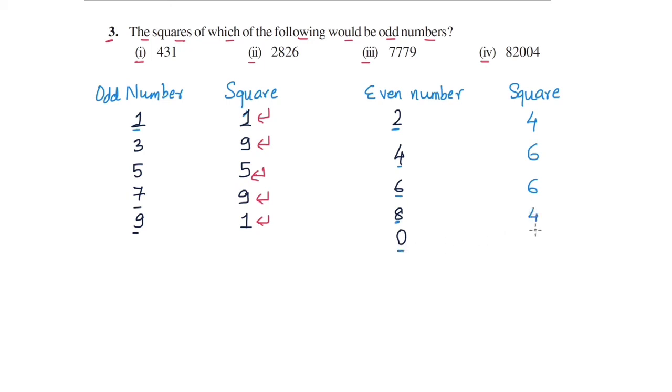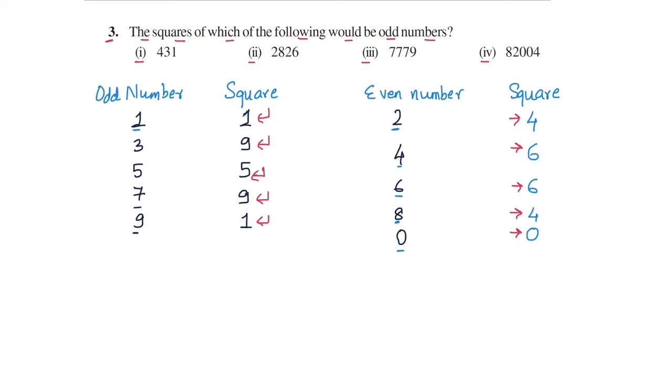Now 0 squared is 0. Hence what we have observed is that if we square an even number, we get 4, 6, 6, 4, 0 as the ending digit of its square. And hence we conclude that whenever we square an even number, the result is also an even number.